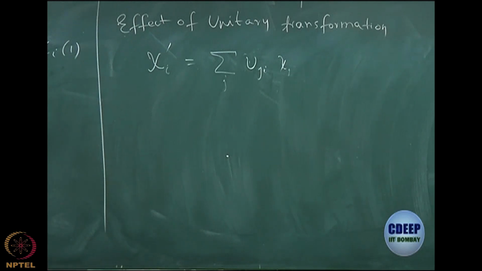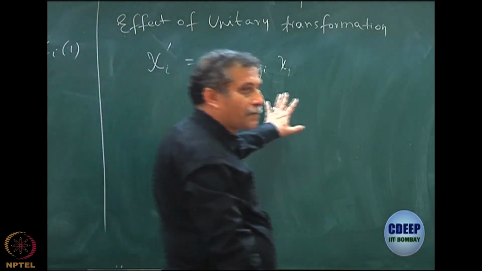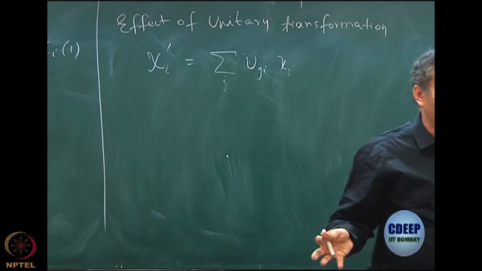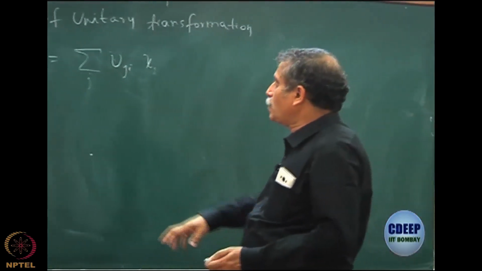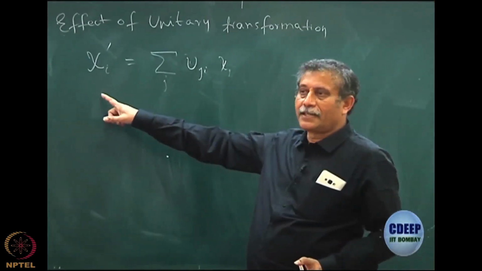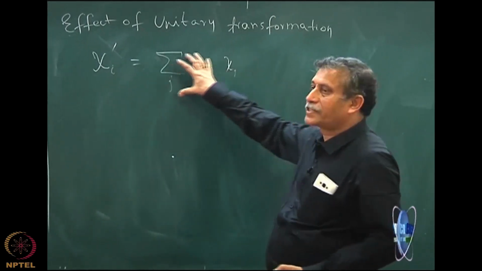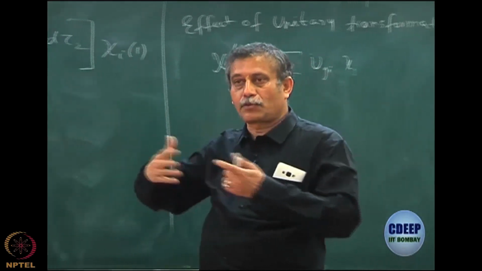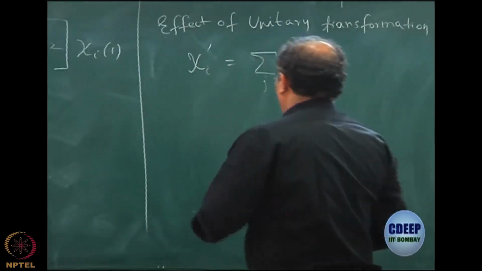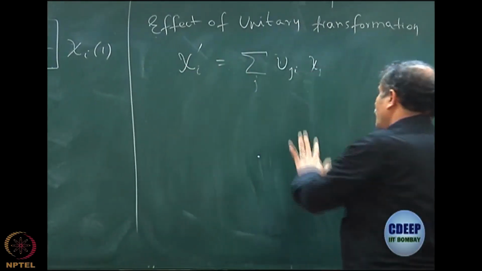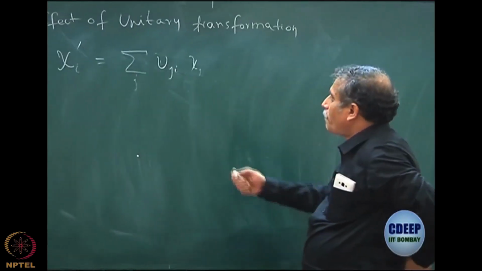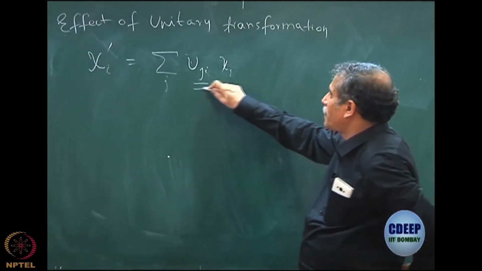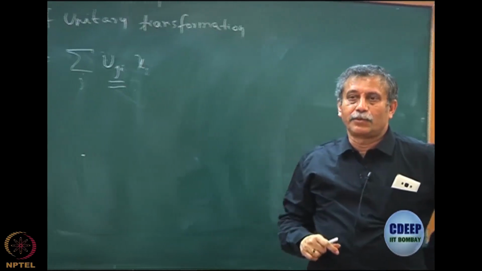So, what I am doing essentially is that I am making a transformation. I hope all of you understand what a transformation is. It means that the new set of spin orbitals are linear combinations of the old set. Of course, I can always do that. The combination coefficients are what I am calling a matrix which is now unitary.